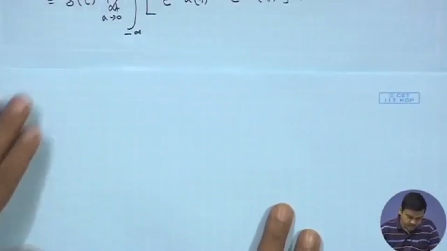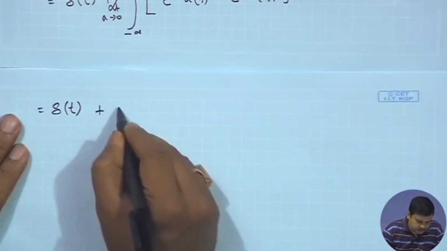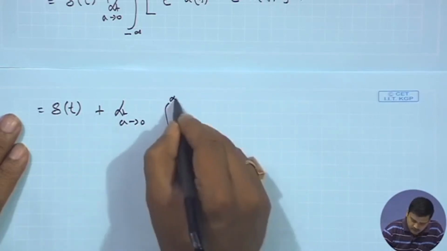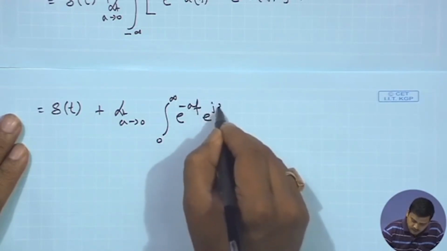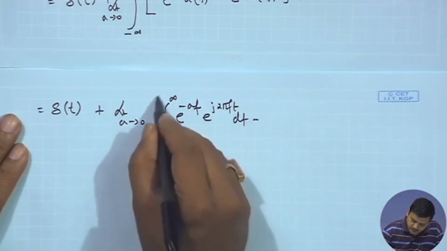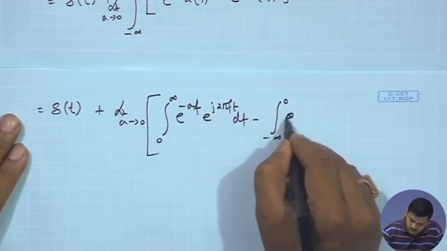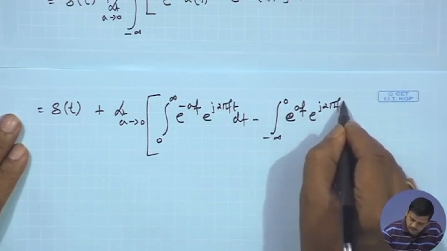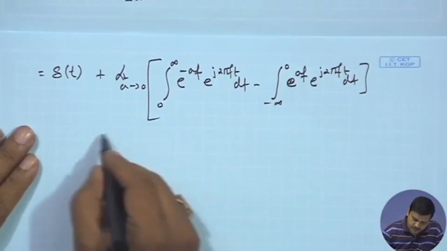In the next step, what you will get is delta t plus limit a tends to 0, integral 0 to infinity e to the power of minus a f e to the power of j 2 pi f t df, minus integral minus infinity to 0 e to the power of a f e to the power of j 2 pi f t df, in a similar way as we did in the previous step.